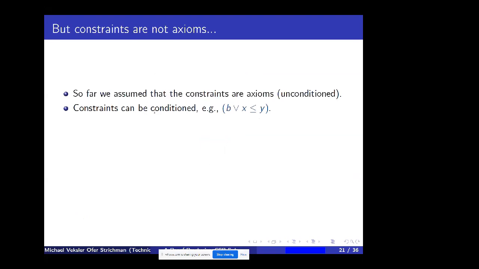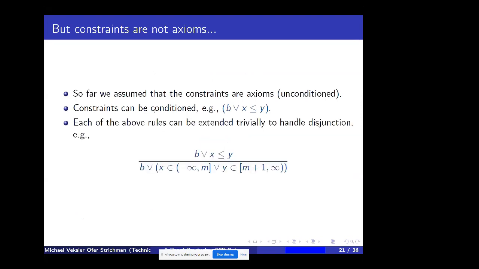Just a small comment: so far, we did not consider the Boolean structure of the formula, but this is not a serious problem, because once we have a disjunction, all these rules work as well. For example, if you have a disjunction b or x smaller or equal than y, you can still infer from this b or the original explanation. So this works well enough in this context as well.